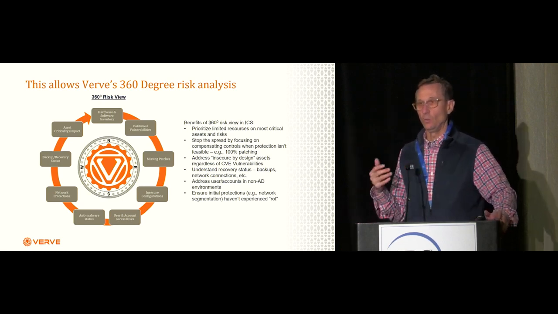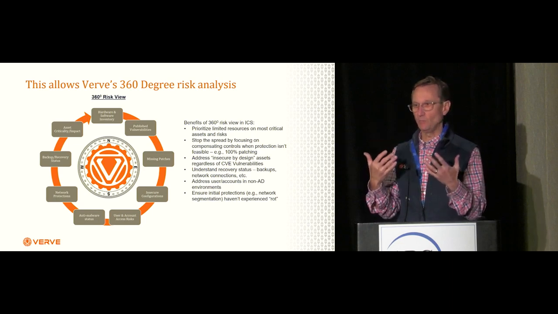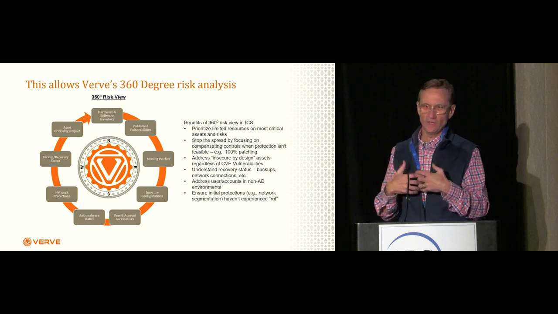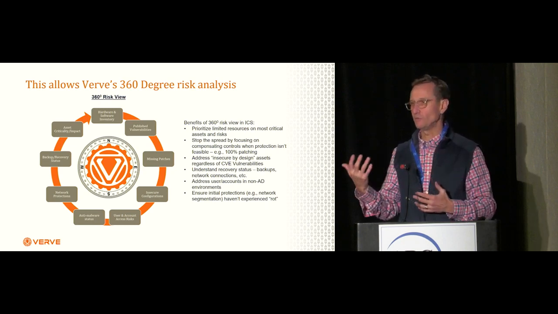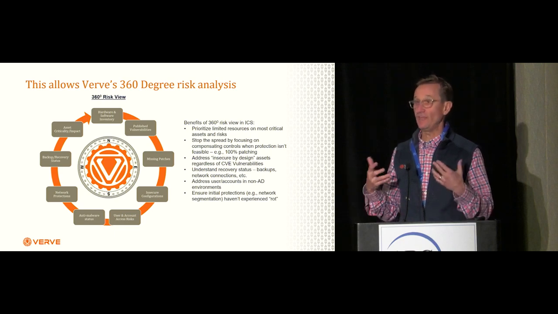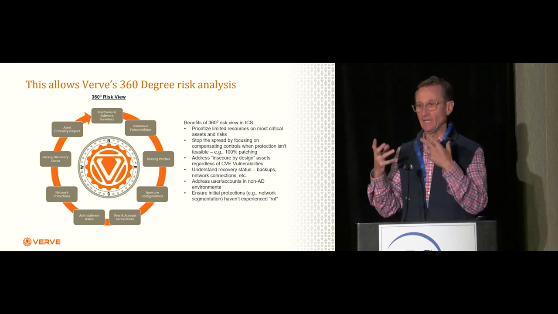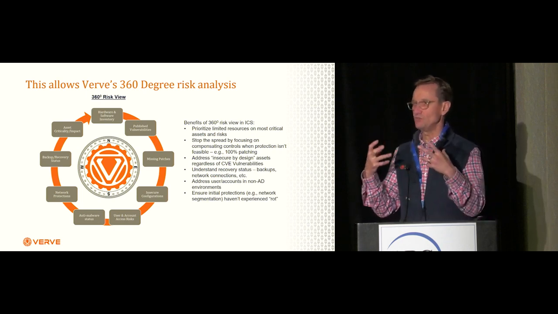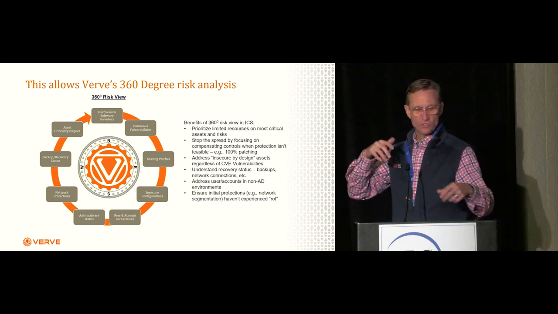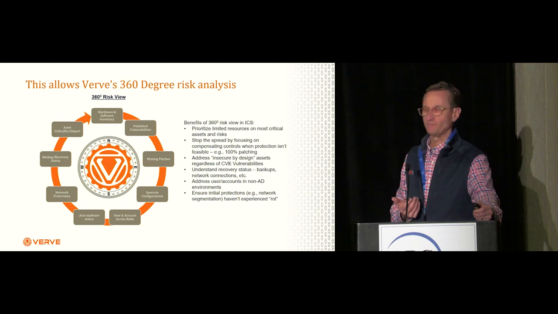Because of our control systems experience, we can apply models of what the asset criticality is based on the function of the device, based on its connectivity, but we can also import it if an organization has asset criticality that they've determined themselves. We can import that directly into the platform and allow an organization to start to prioritize using asset criticality as an additional metric. And so that 360-degree risk view allows us to start to make trade-offs.